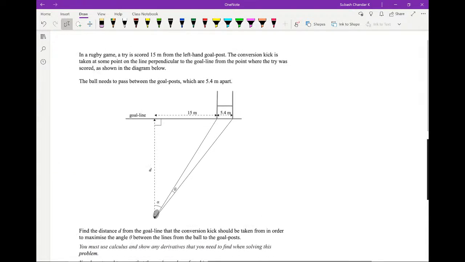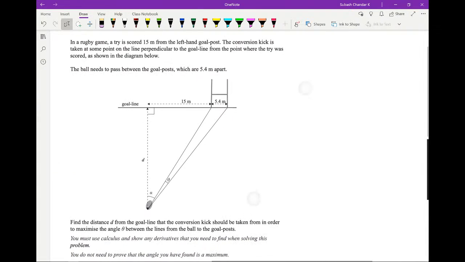This is a differentiation question. All right, what have we got? Try score 15 meters from the left hand. Conversion kick has taken us on the line perpendicular to the goal line from the point where the ball needs to pass, which is 5.4.